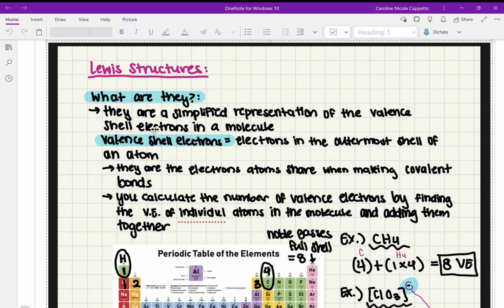So you calculate the number of valence electrons in a molecule or a compound by finding the valence electron number of the individual atoms in the molecule and adding them together.